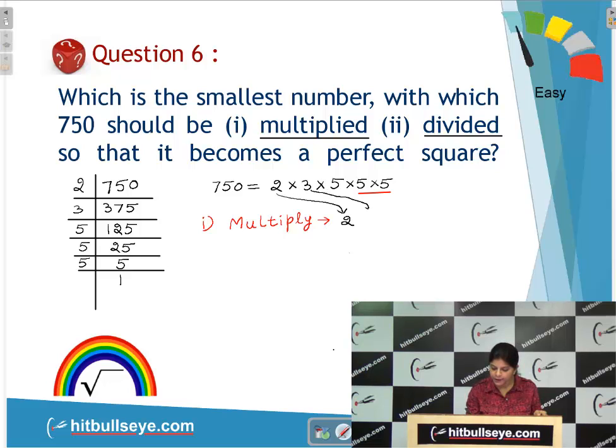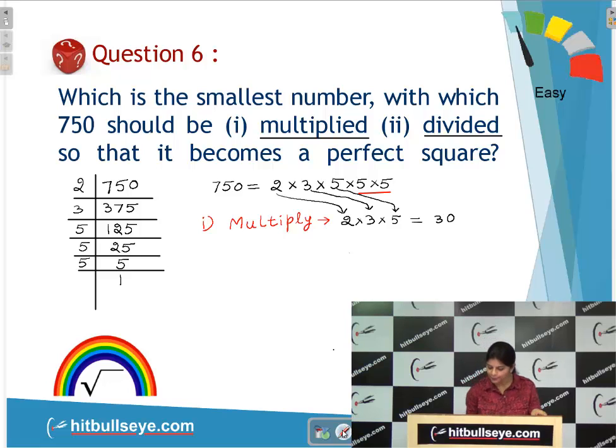So I need 1 2, 1 3 and I need 1 5. That means I need to multiply the number with 30 so that we can complete a pair of 2 as well as a pair of 3 as well as a pair of 5.